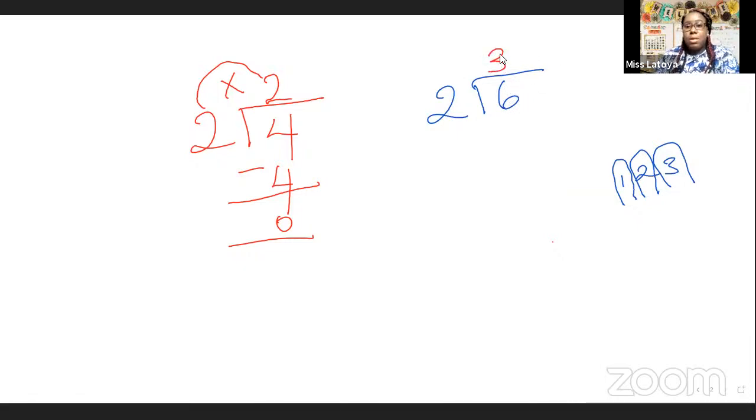Now, let me remind you again, what are the steps for long division? We divide, then we multiply, then we subtract, and then we bring down. 2 into 6 is 3.